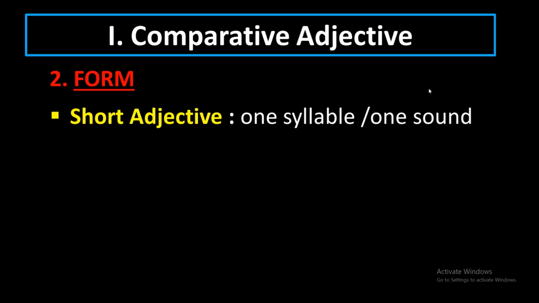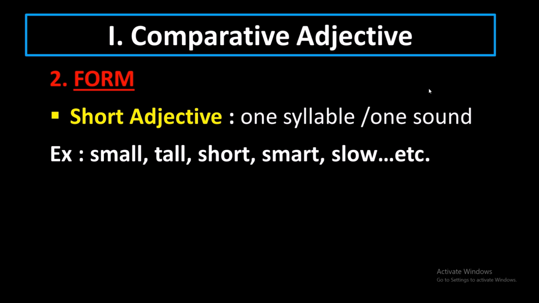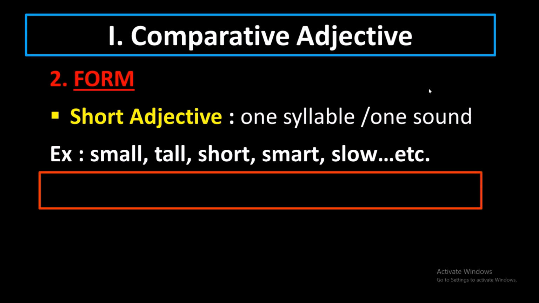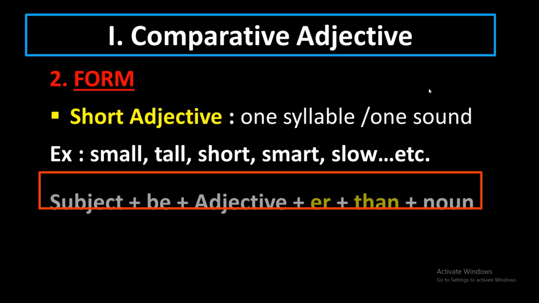For example, small, that is only one syllable and you hear only one sound. Tall, short, smart, and slow. So those are short adjectives.